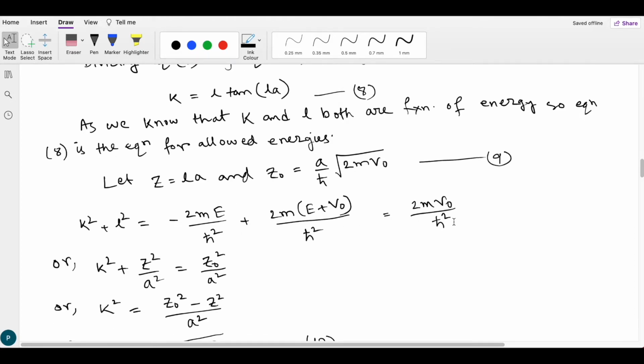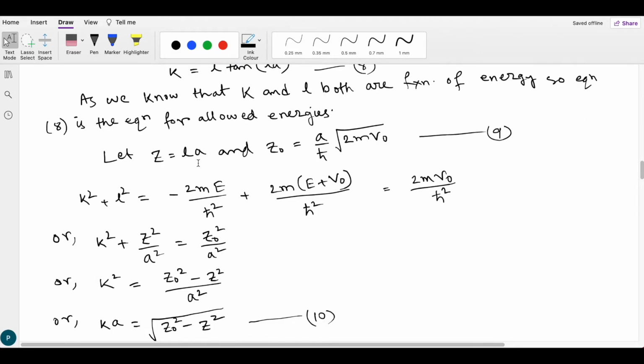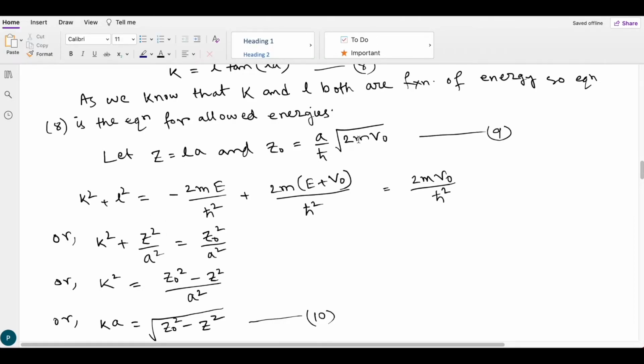So we get 2m V naught by h cut square, and we have already assumed that z equals la, so l equals z by a. We are putting that value here, and from here we can see that root over 2m V naught by h cut equals z naught by a. So instead of 2m V naught by h cut square, we can write z naught square by a square.